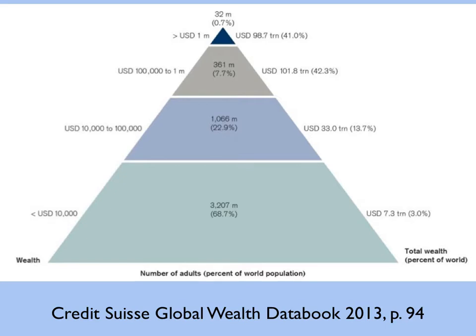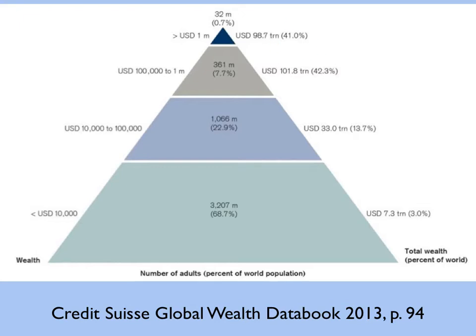Next, we see that almost 23% of the population then owns 13.7% of the total wealth. And then this is probably where everybody's going to be jumping. 7.7% owns 42.3%, and then only 0.7% owns 41%.